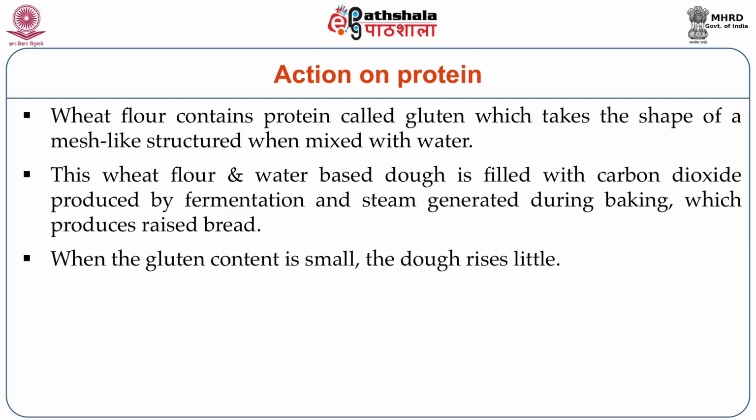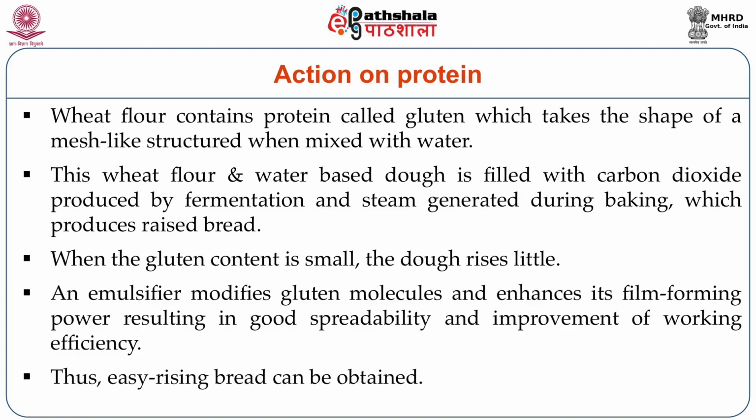When the gluten content is very low, the dough raising will also be very little. In such conditions, an emulsifier when added can modify the gluten molecules and enhance their film forming power, which results in good spreadability and improvement of working efficiency, and therefore the loaf volume or rise in the bread can be easily obtained by addition of an emulsifier.